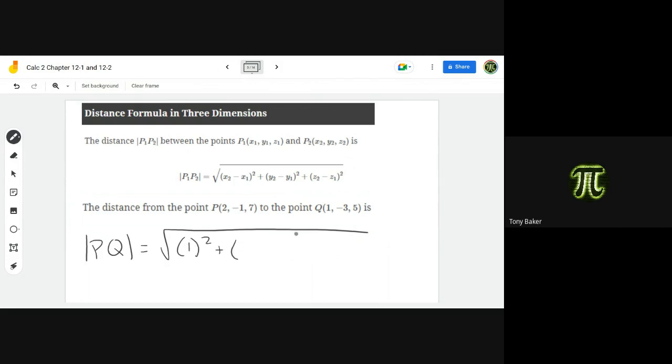Negative 1 minus negative 3, negative 1 plus 3 would be 2, because those 2 negatives make a positive. And then 7 minus 5 is 2. Add them up, so you get 1 plus 4 plus 4, which is 9, so the square root of 9. So this distance is 3. It's no different than the distance formula that you've been taught, it just adds that one other dimension.